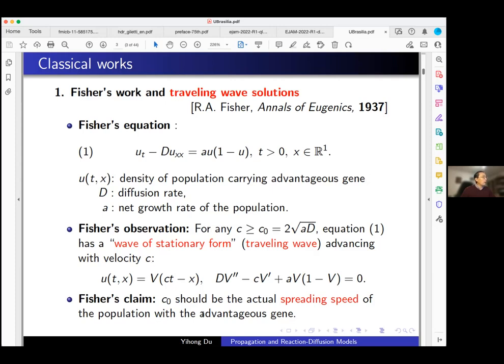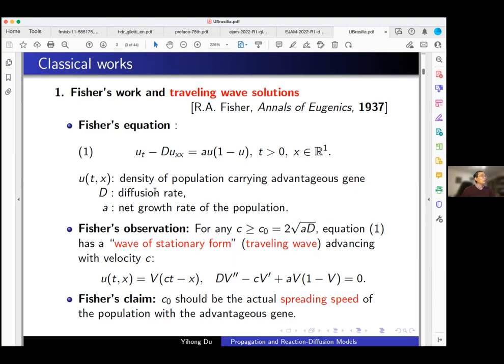And what's very important is that Fisher believes that this number c0, though for any c greater than or equal to c0, you have such a traveling wave with the speed of c, he believes that the minimal speed c0 should be the spreading speed of the population carrying the particular gene.